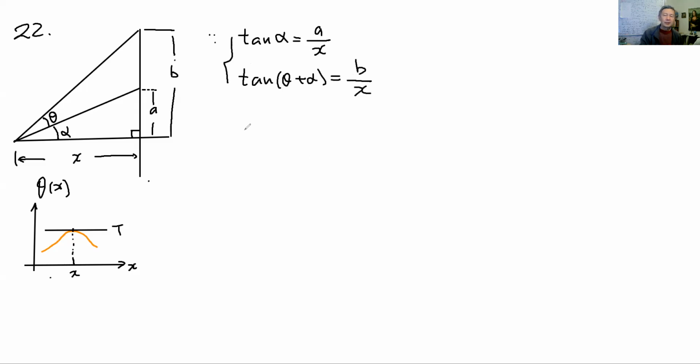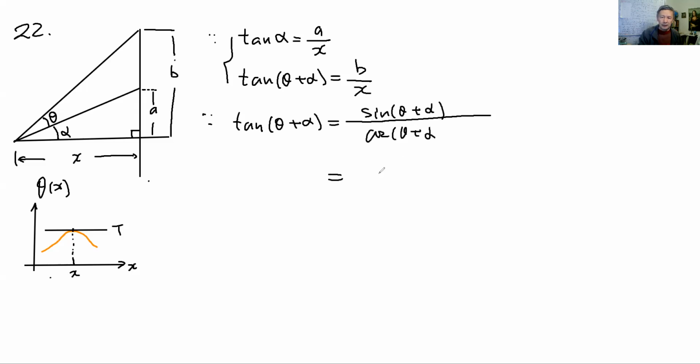Now you have to use a little bit of knowledge of trigonometry. I don't memorize the tan sum formula, so here I just use sine. Tan of theta plus alpha equals sine of theta plus alpha over cosine of theta plus alpha.